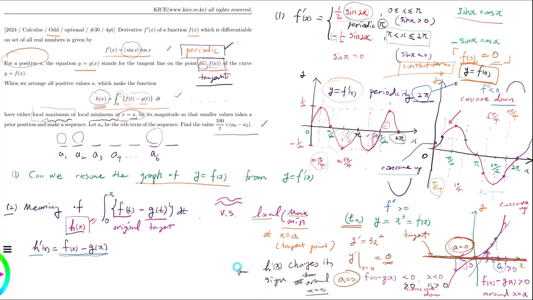That means when a equals 0, h of x has, in this case, a local minimum, because the sign changes from negative to positive as x increases here.